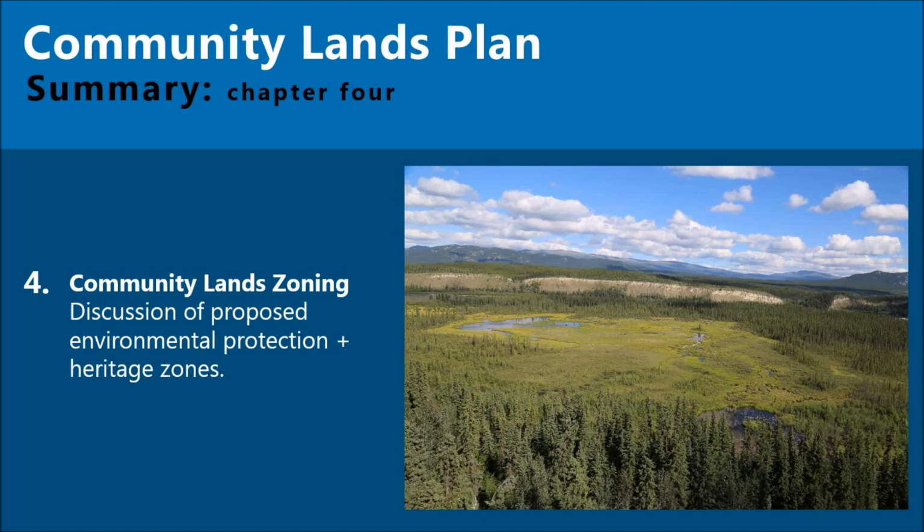So this image on the right shows the wetland that's part of lot 226, and it's a prime candidate for protection. So we could use the environmental zone that's going to be proposed through our lands plan work to protect this wetland for Kwalndun.